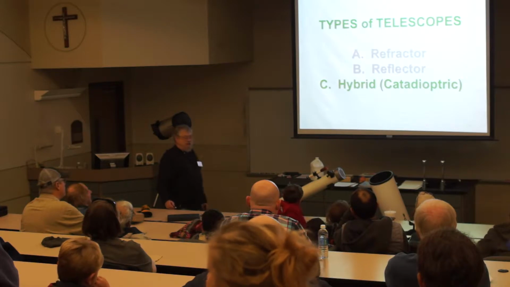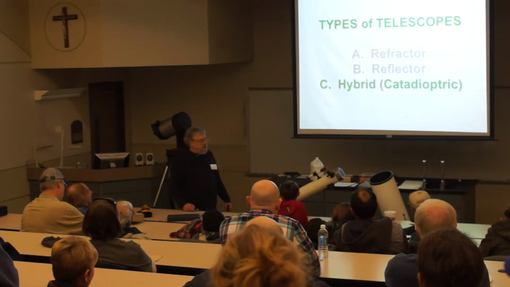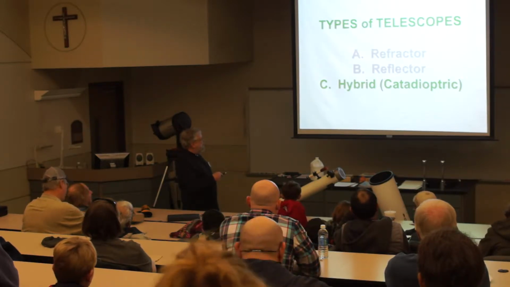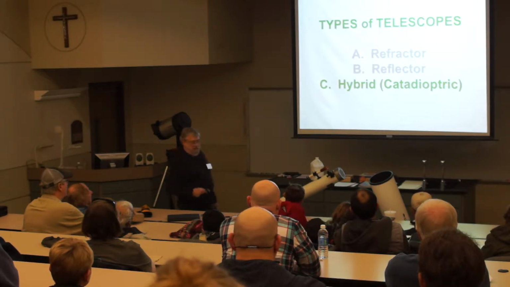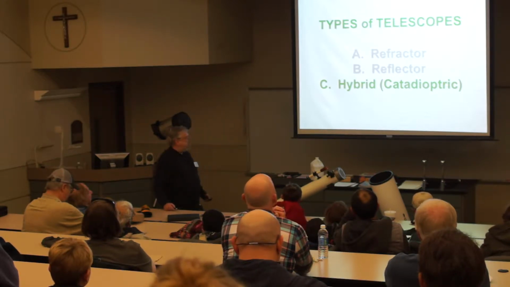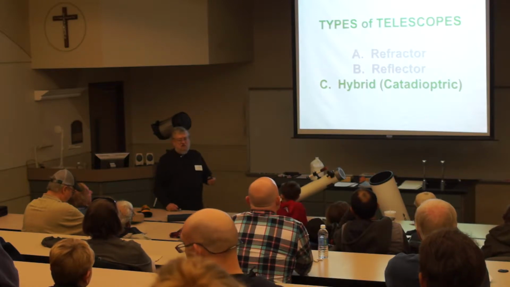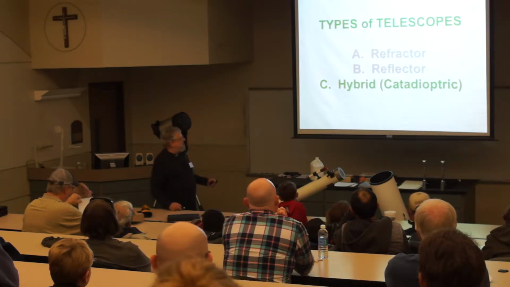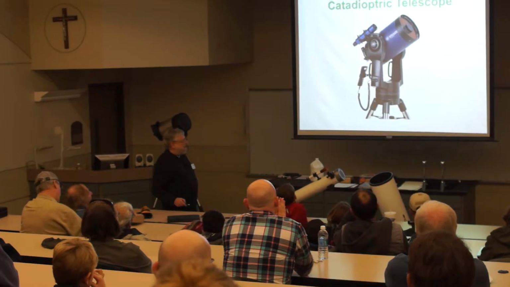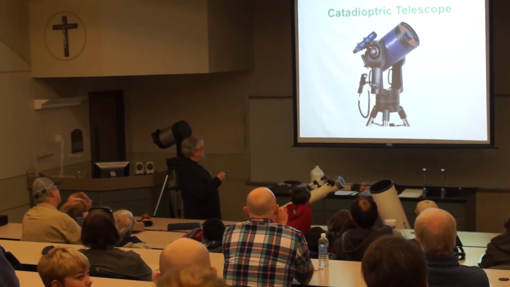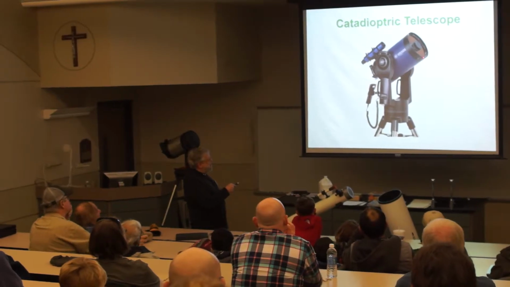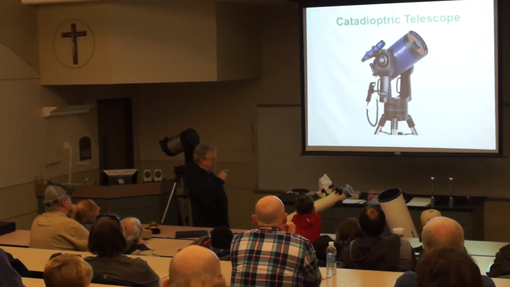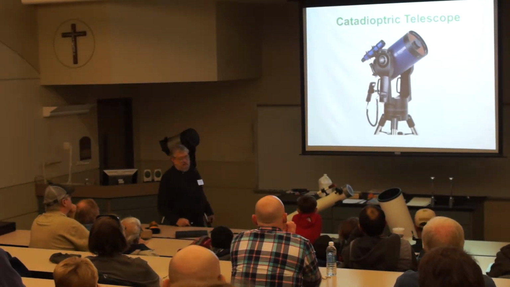Then there's a third type that's a hybrid of the other two called catadioptric. Notice there is an R there. It's not optic, it's optric. So let people know that you know the different types of telescopes if you say that properly. Here's an example of one that uses a mirror to gather light like a reflector, but it also has a corrector plate in the front, which is like a lens.